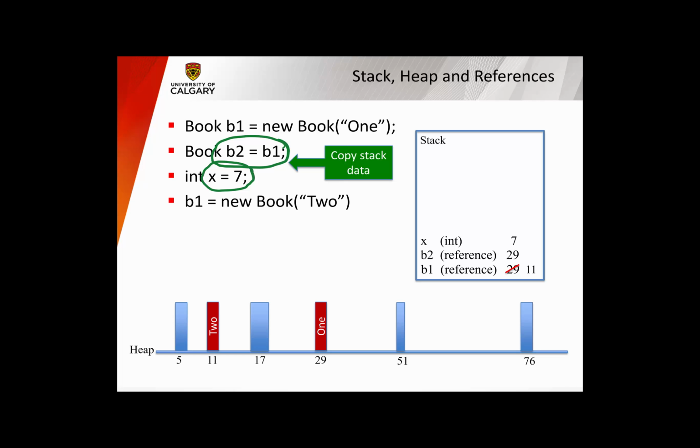So when I did an assignment statement, and there's no new involved, I copy the stack data. Whatever data is on the stack is simply copied over. When I have the new keyword, I create a brand new instance on the heap, and what I get back is a reference to it, its memory location.